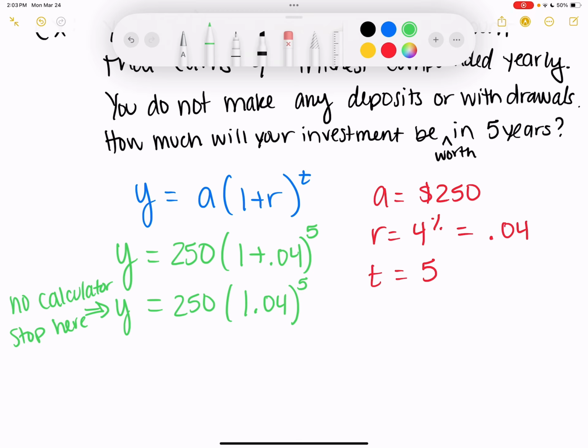But if we do have a calculator, we keep going. So we're going to do 250 times. Now, most of you only have a basic calculator, so you're just going to have to multiply 1.04 times itself 5 times. Let me just use my basic calculator.